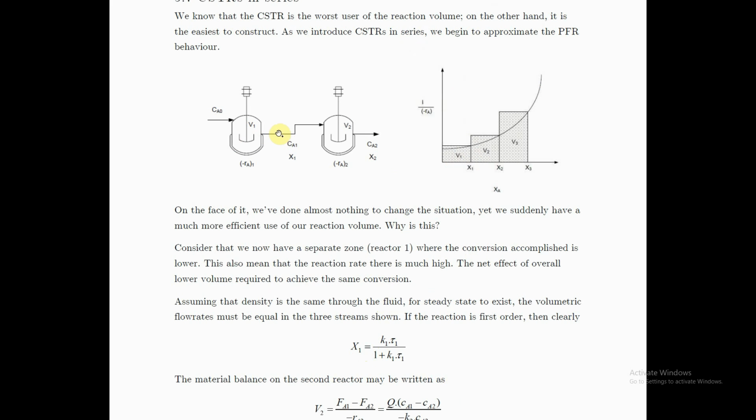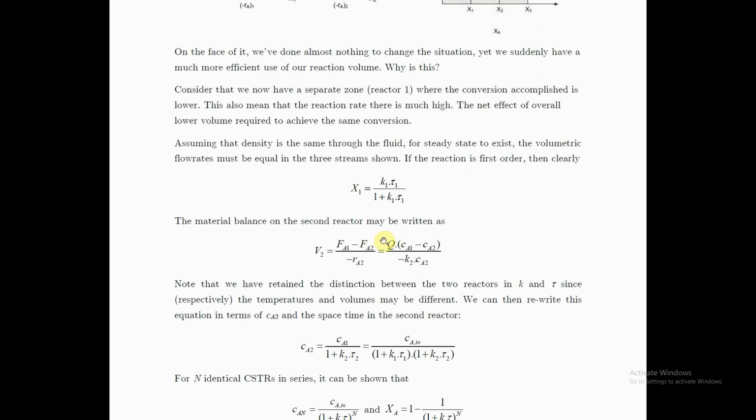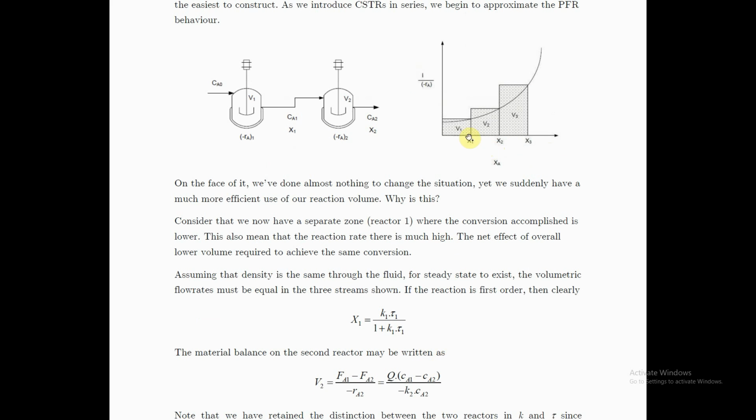So just X times Ca0 equals Ca1, and we can multiply that by the volumetric flow rate, and that's my molar flow rate going into the second one. So we've got that as a number, and then we don't as yet know this one, or maybe we know the volume here.